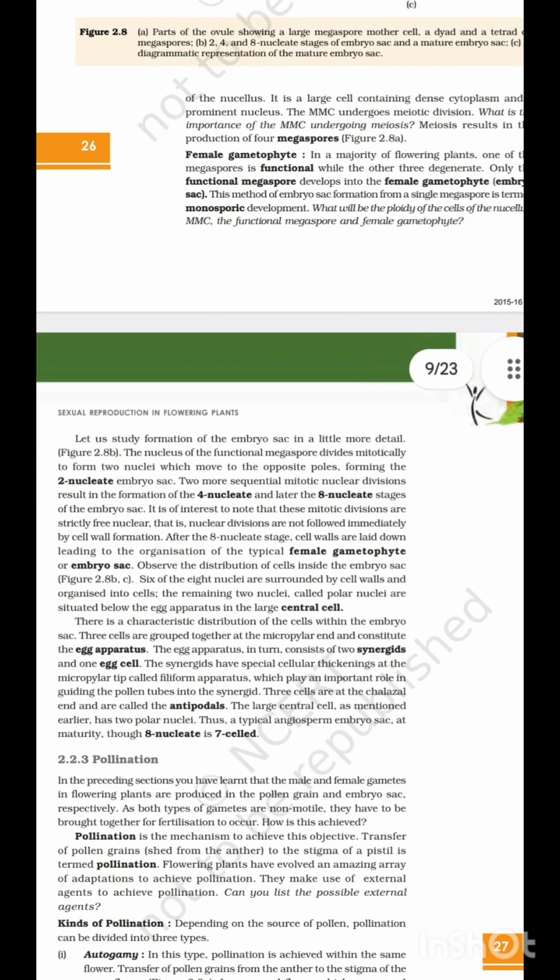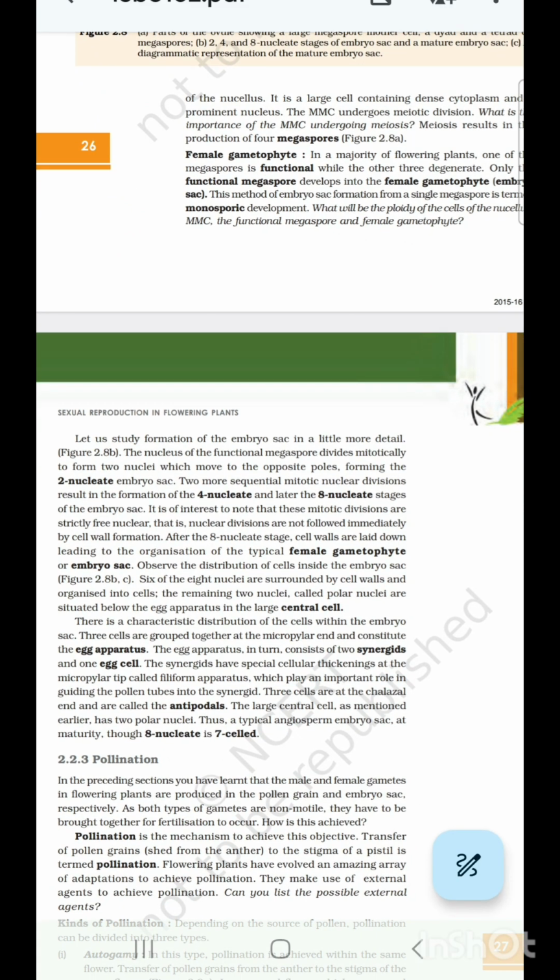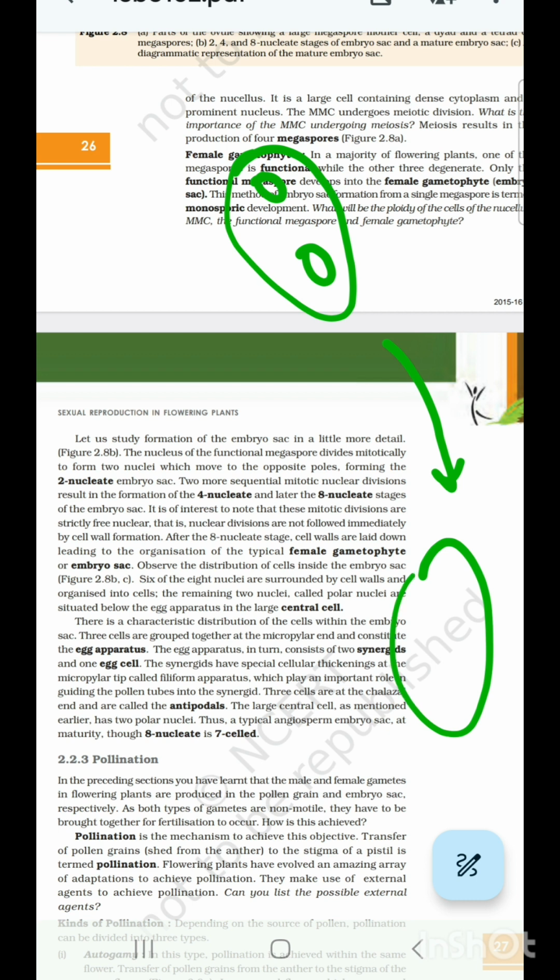Then let us study the formation of the embryo sac in a little more detail. The nucleus of the functional megaspore divides mitotically to form two nuclei. Two more sequential mitotic nuclear divisions result in the formation of four nuclei, and later the eight-nucleate stage appears.